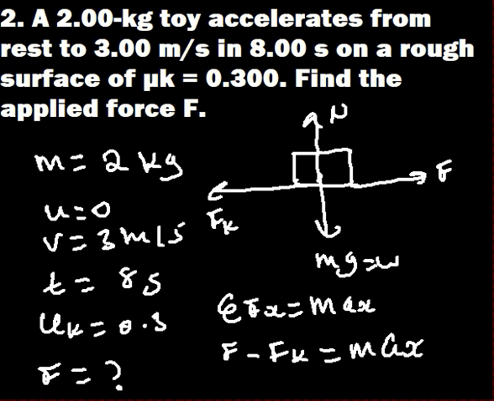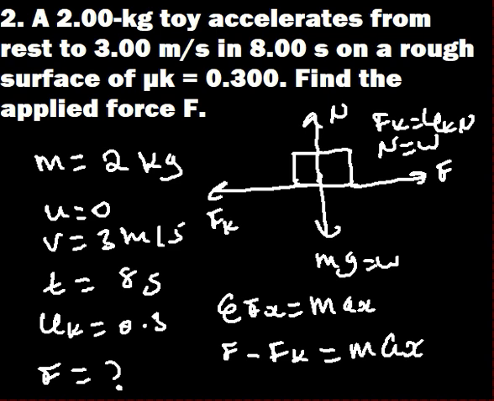And we need to have Fk. Fk is given as mu k times the normal force. To get the normal force we go to the forces along the y-axis: the normal force is equal to the weight of the object. So we are done with Fk. But what is also needed is the value of acceleration.